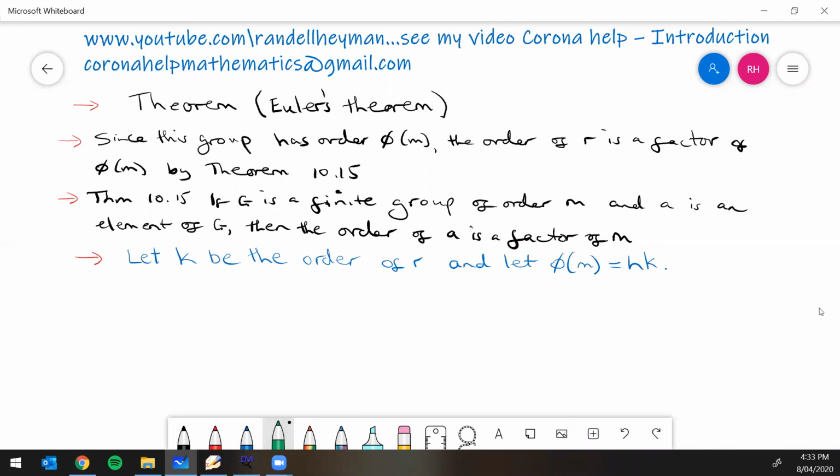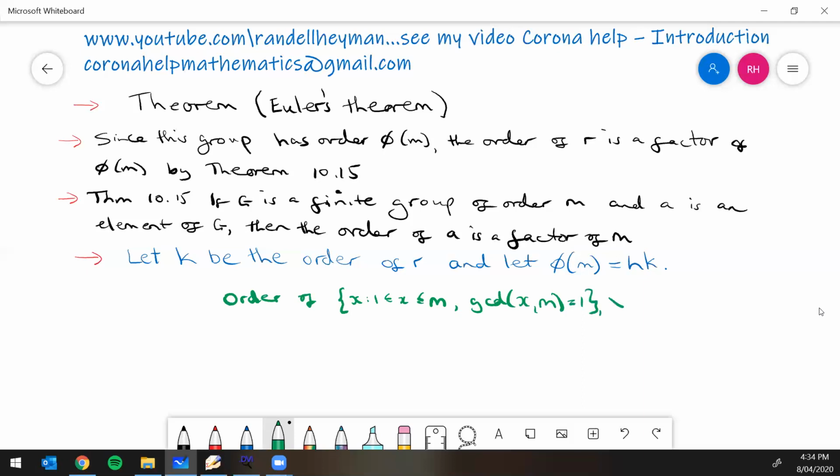So we know that the order of the set G is, well, it's not G really, is it? It's the order of the set, what was it, X, such that 1 is less than X is less than or equal to M, where the GCD of X and M is equal to 1.